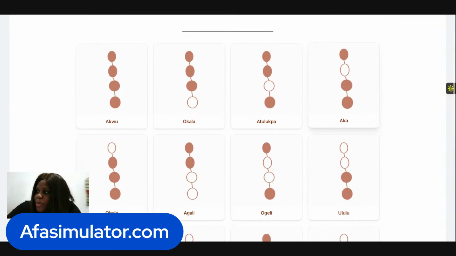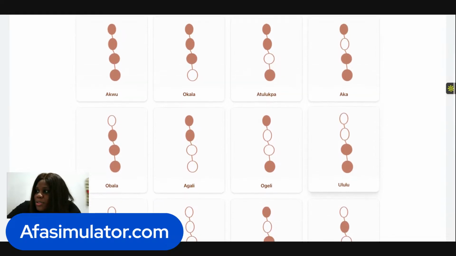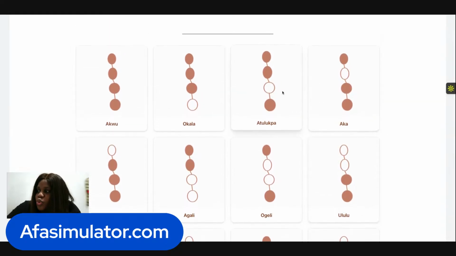Which other one can I remember now? I don't remember all of them all the time. Like Atuluba, I always forget what it looks like. Okala, I remember because Okala sounds like Obala and it looks like Obala flipped upside down.